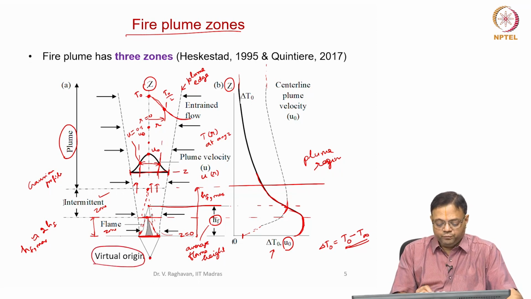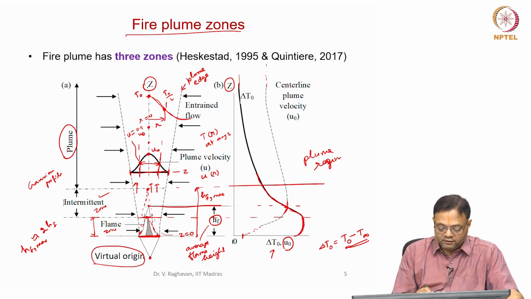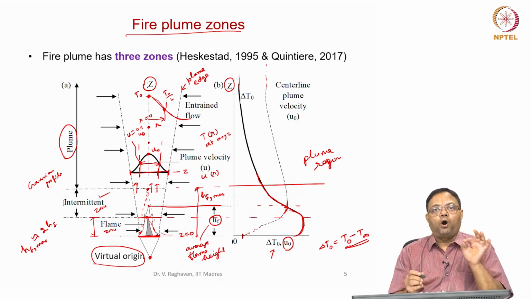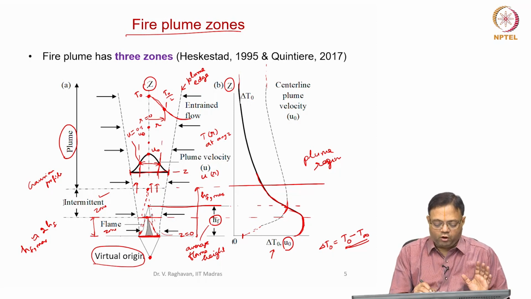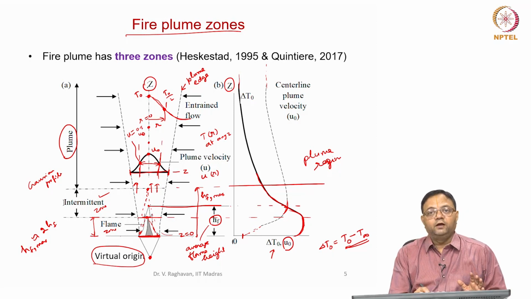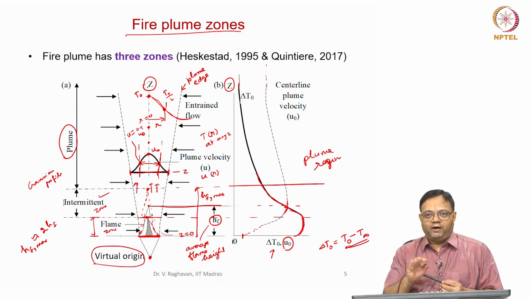That means I do not really care about the dimension of this. I say that this plume, because this is a very short length, is basically generated by a point source located at a virtual origin below the finite dimension fuel surface.